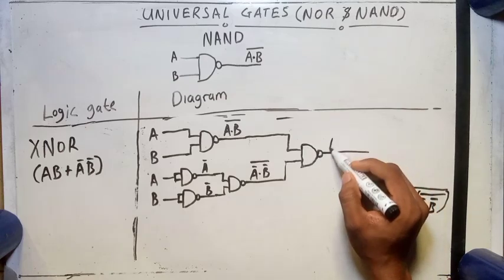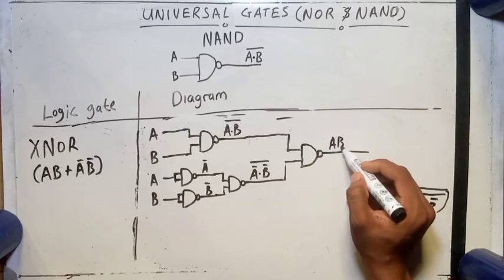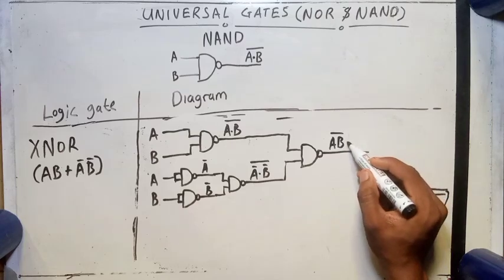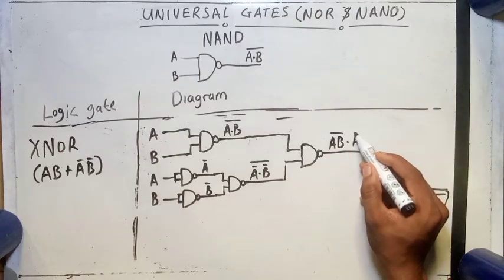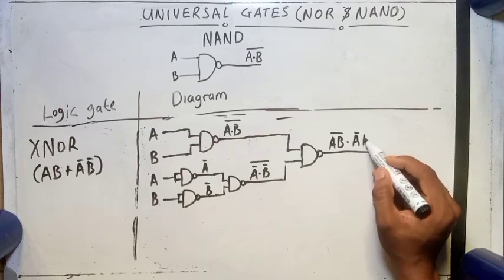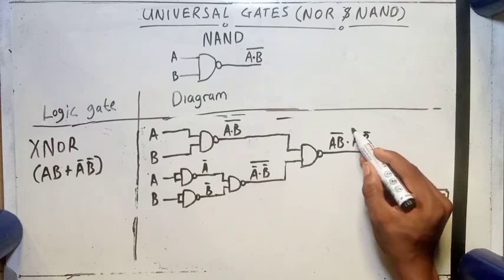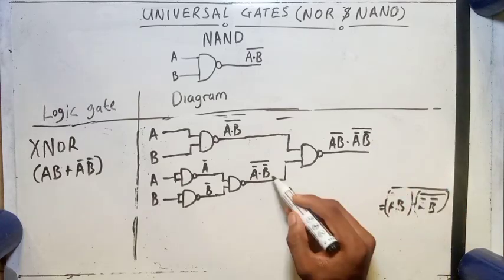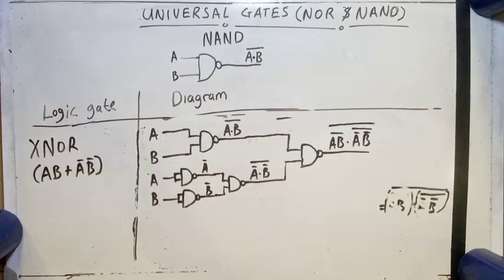Then you have A B bar dot A bar B bar, all bar. This, and then finally this. Getting these words back, we have gotten this.